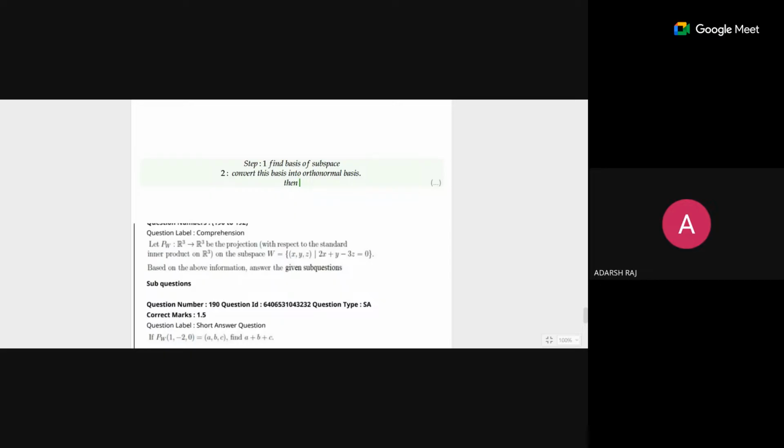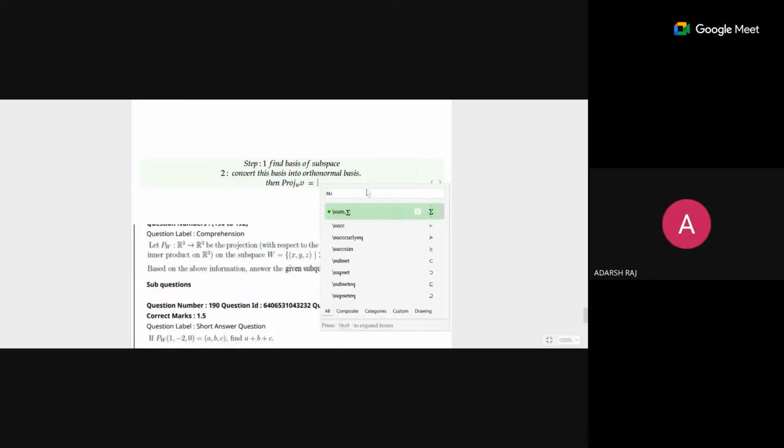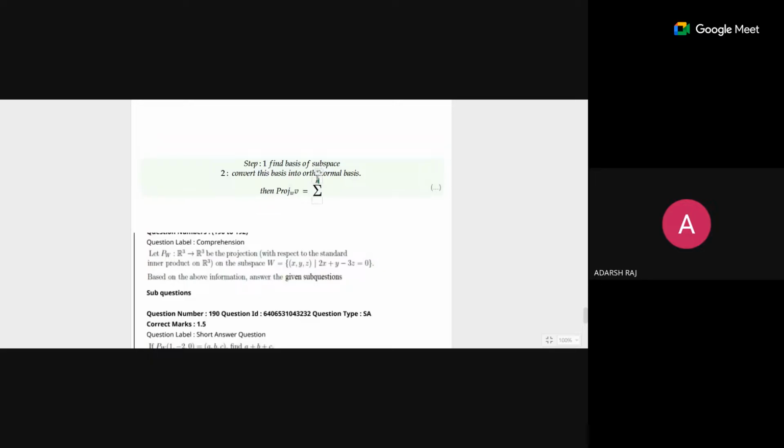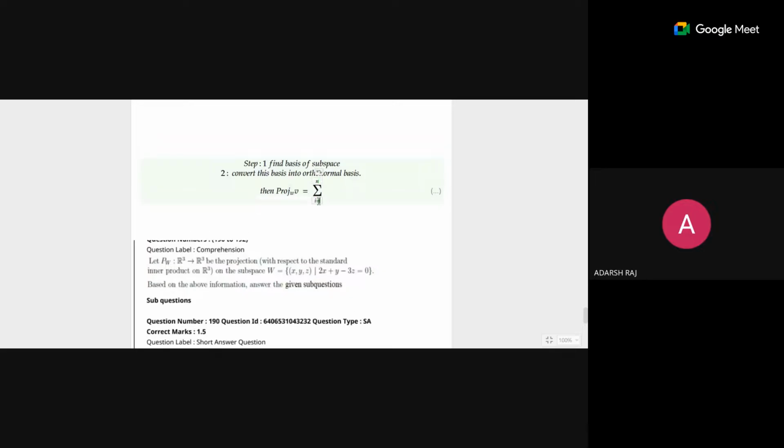Then use this formula, where vi are the orthonormal basis for this subspace W. This is the formula for finding the projection onto a subspace.